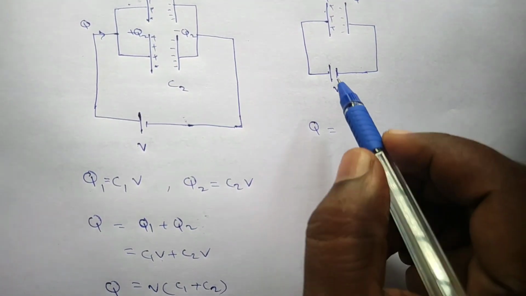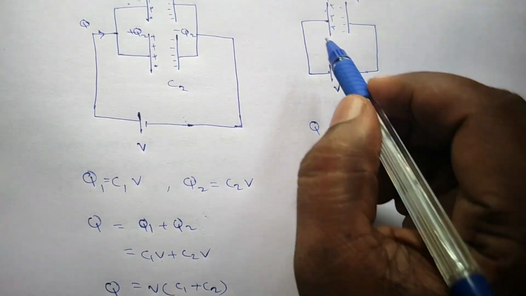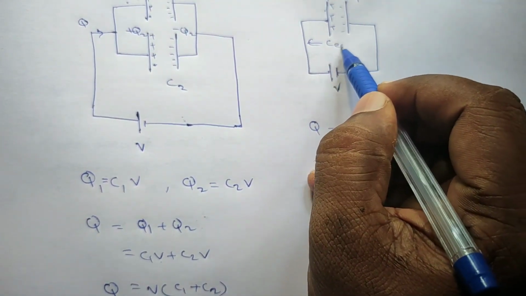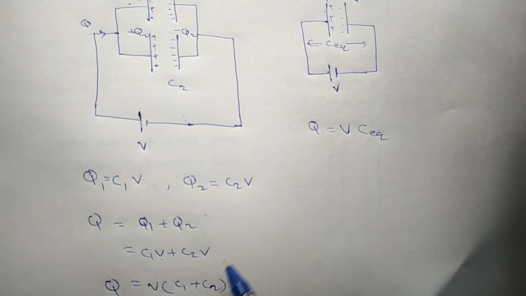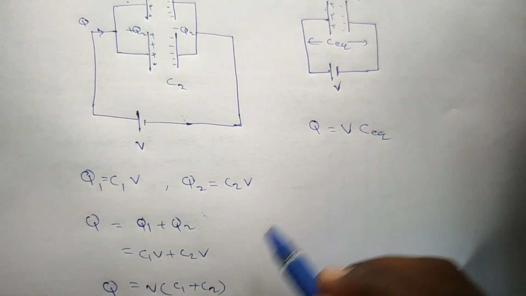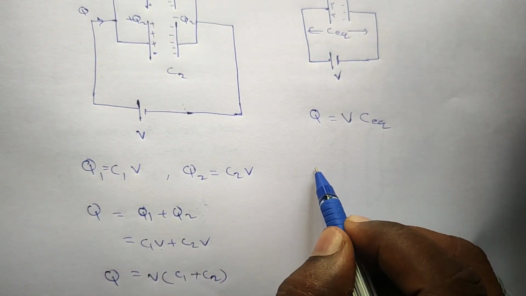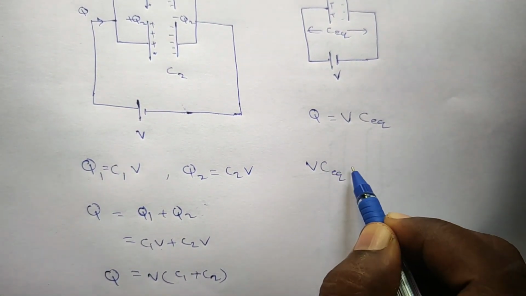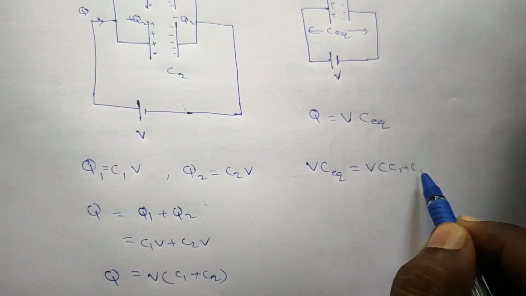Q is equal to the potential difference times the capacitance of this capacitor, which I consider as C equivalent. Clear? These two expressions are equal, so you can equate them. So V into C equivalent is equal to V into C1 plus C2.